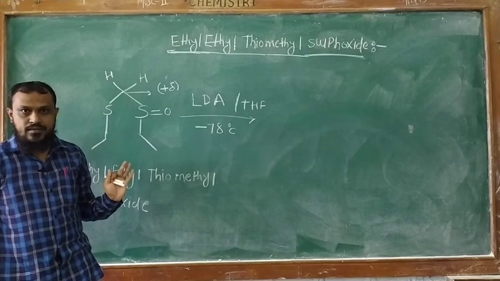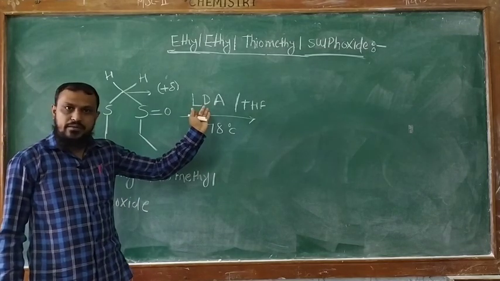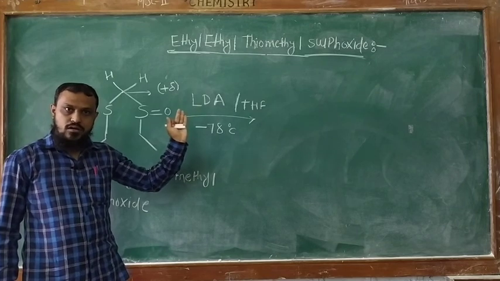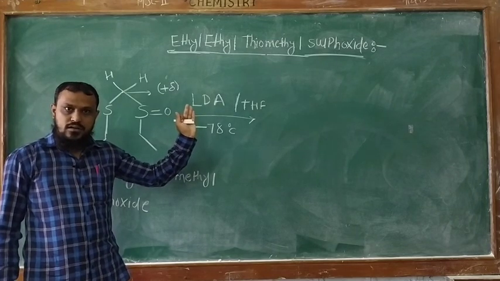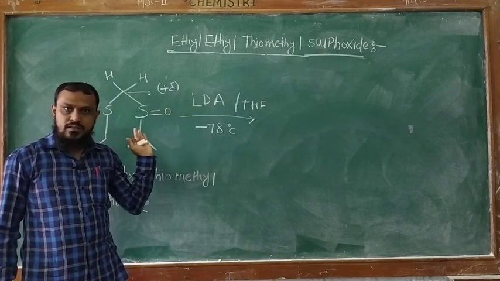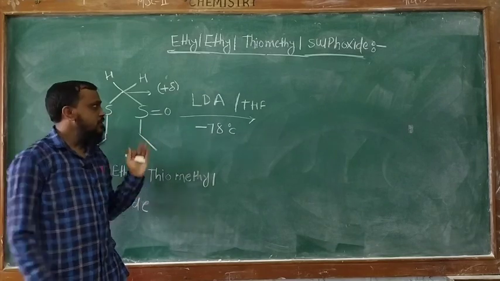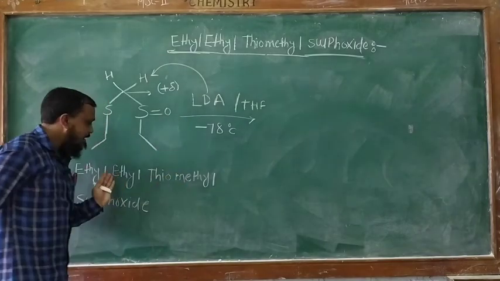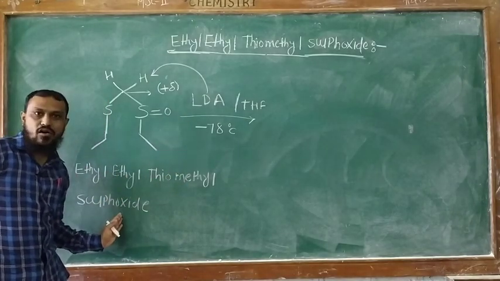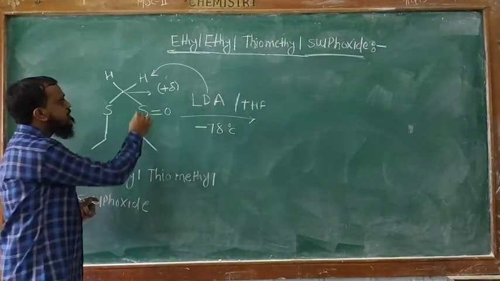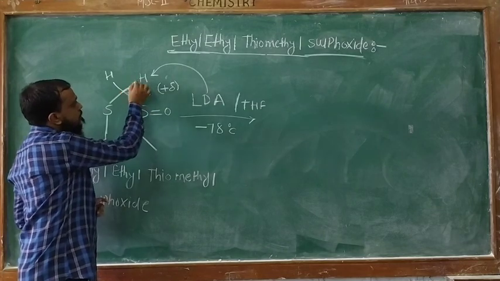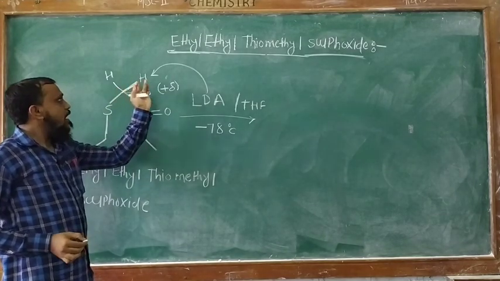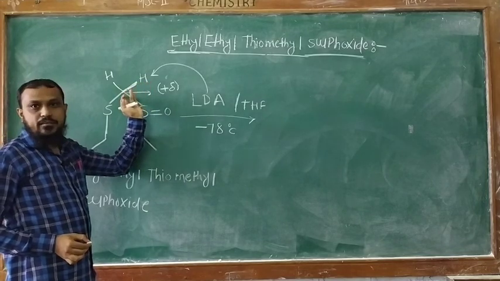Okay, it is a base, and we know that a base is generally used to extract a proton, or it is used for deprotonation of the compound. So LDA extracts one proton from the ethyl thio-methyl sulphoxide, due to which the bond between carbon and hydrogen shifts toward the carbon atom.